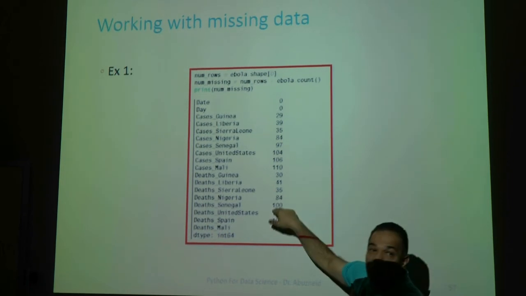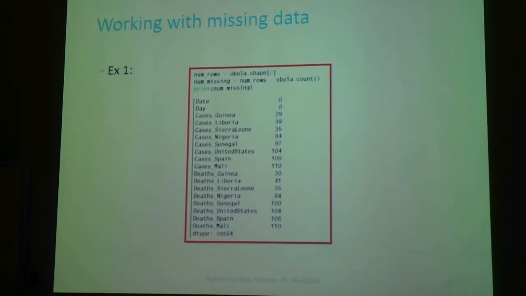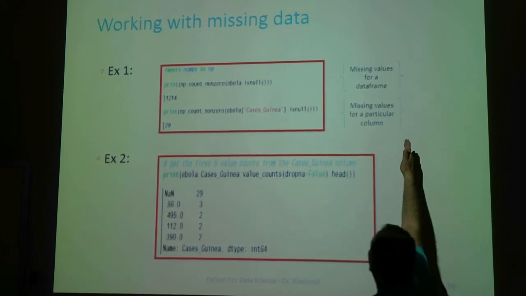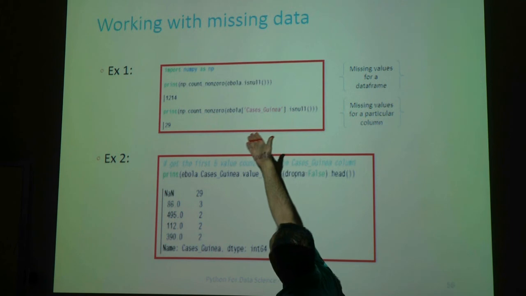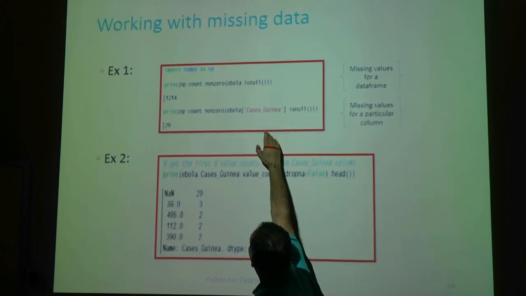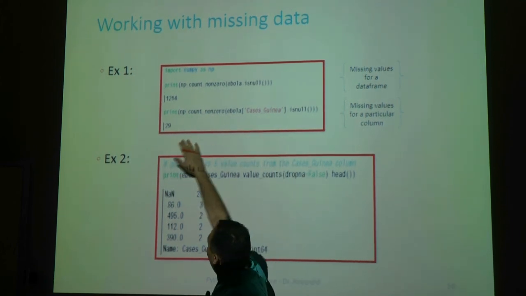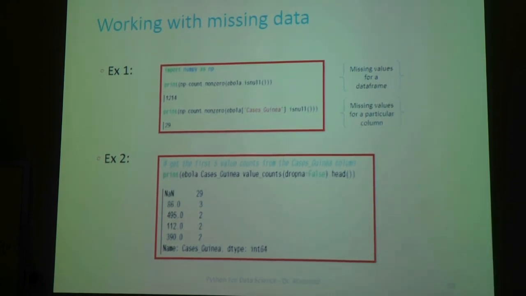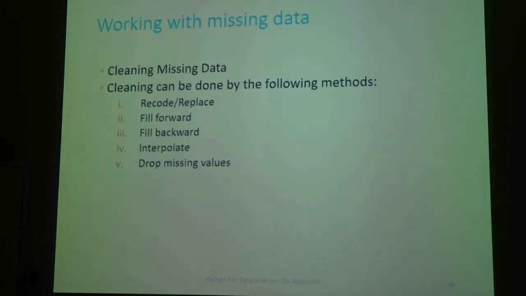So now we know how many elements are missing. For the data frame, you could know the missing values: 1214 missing for the data frame. For this column alone, 29 elements are missing. So it's very easy to know how many elements are missing.